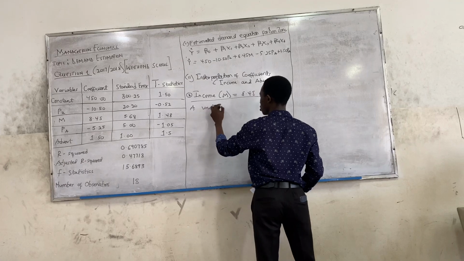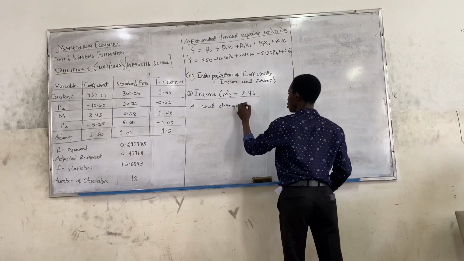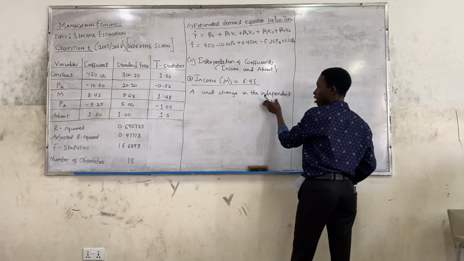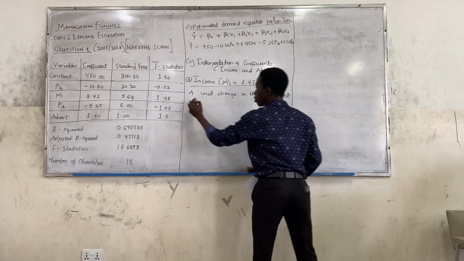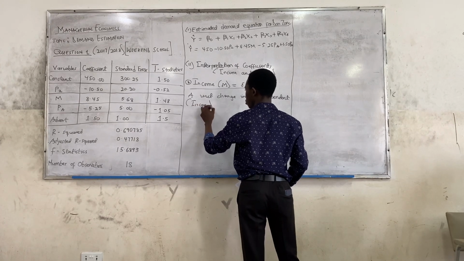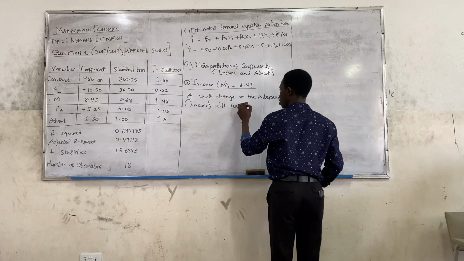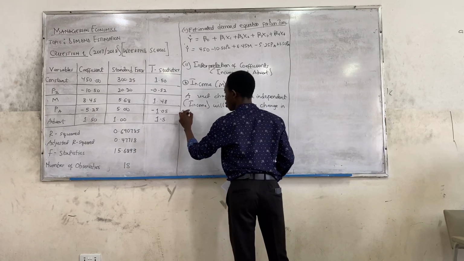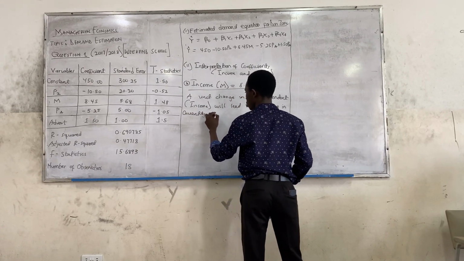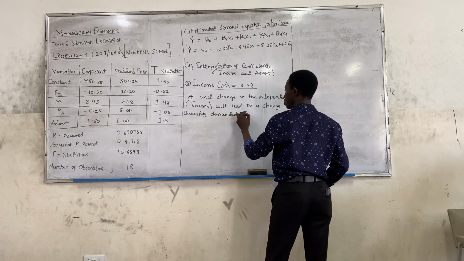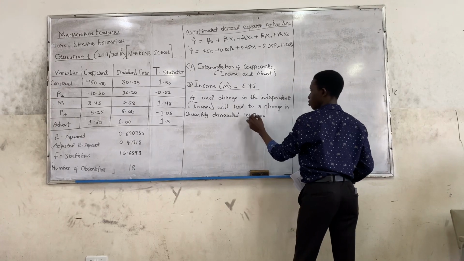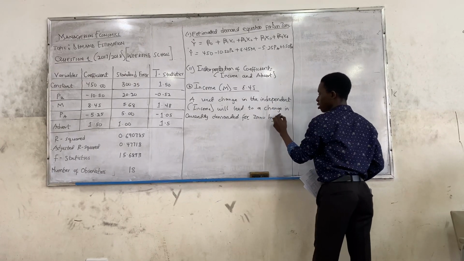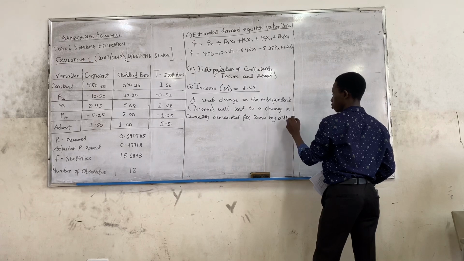A unit change in the independent variable, which is the income, will lead to a change in quantity demanded for Zanu by 8.45 units.